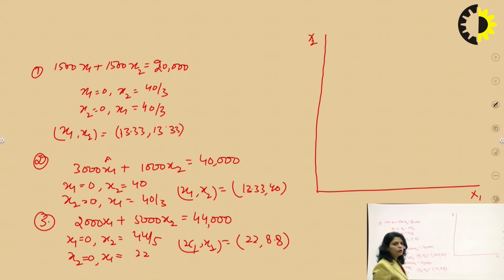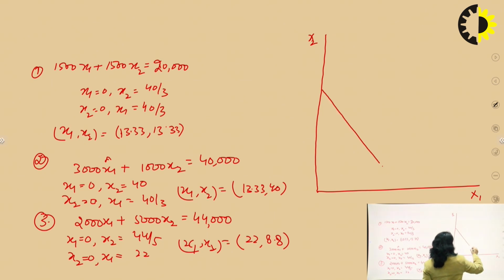Okay, now the next step is to plot these coordinates, or plot these lines on the graph. So when we plot these, 13.33, 13.33. Okay, this is 13.33 and this is also 13.33. Okay, this is our first line.